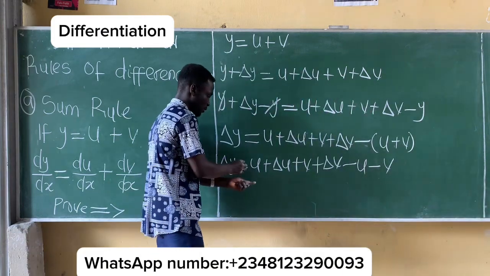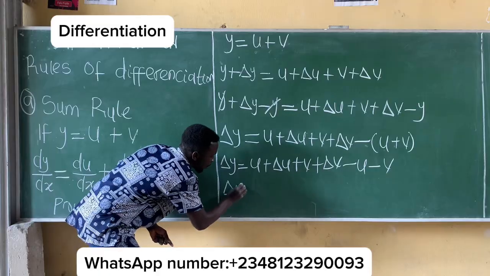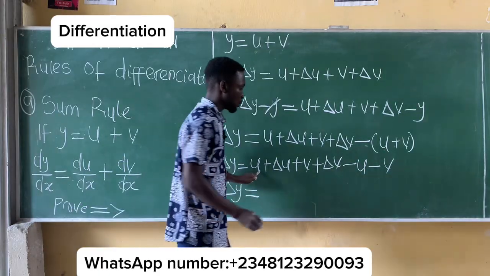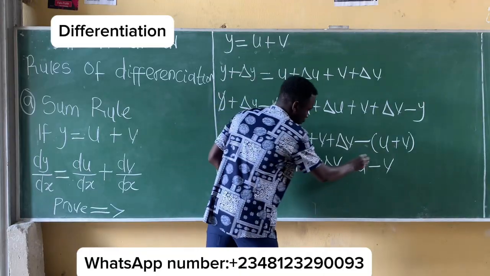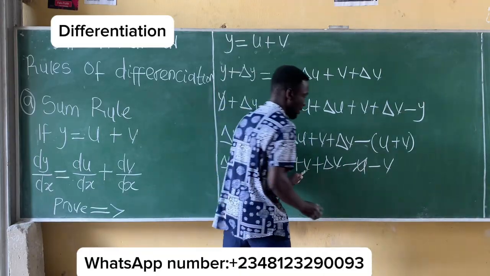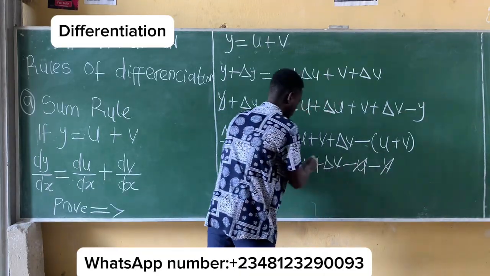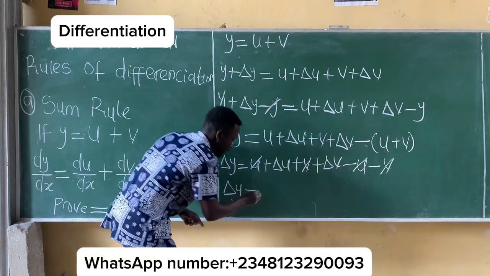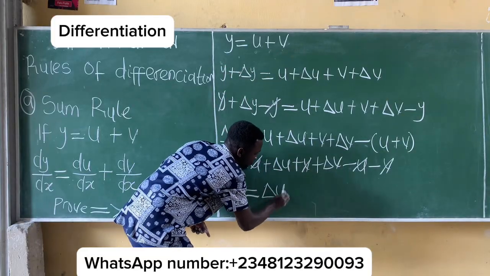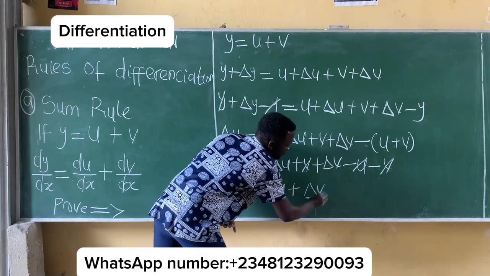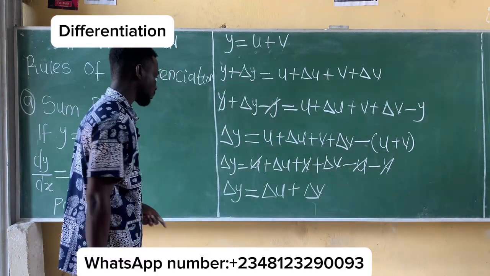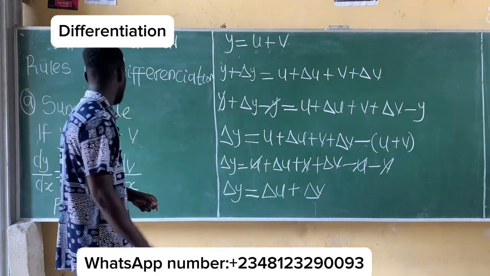So u minus u is 0, so this is out. v minus v is 0, so this is out. Now we are left with delta u plus delta v.